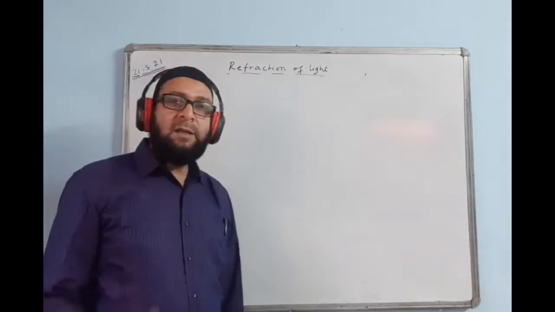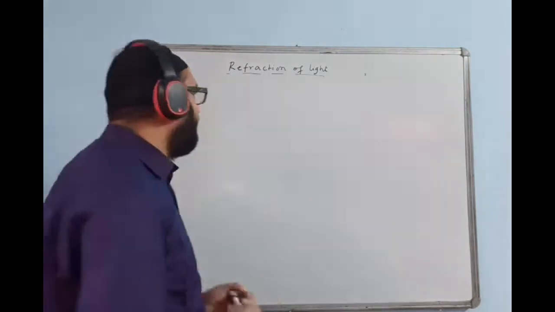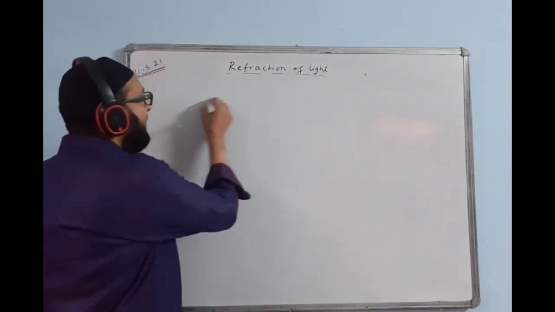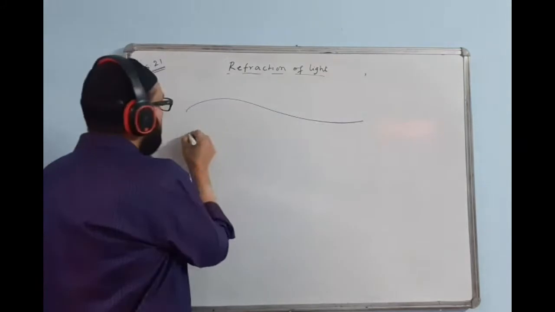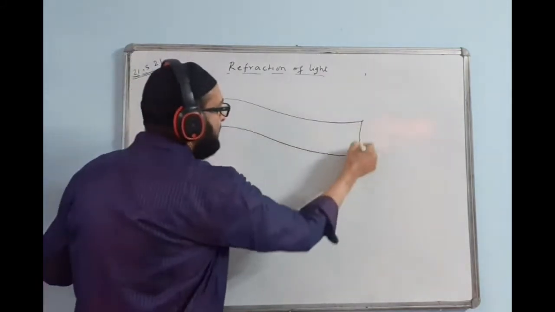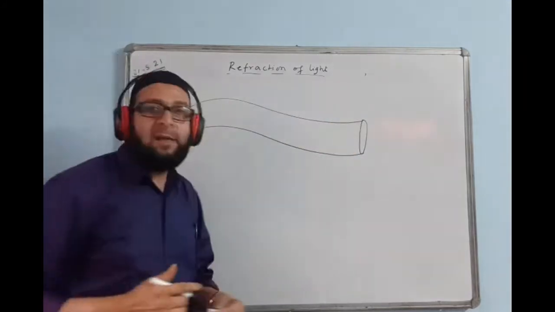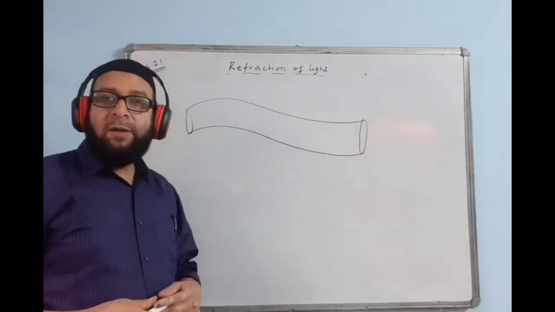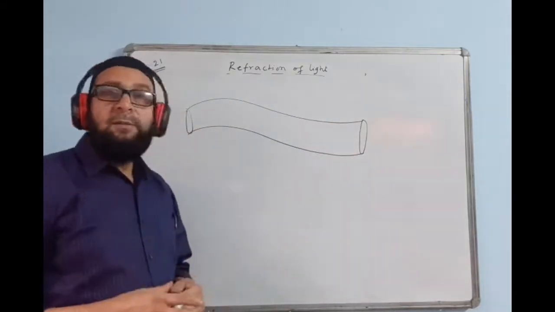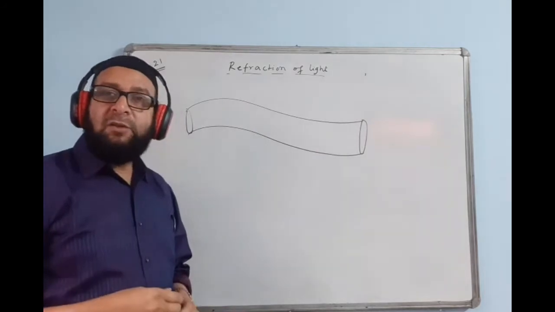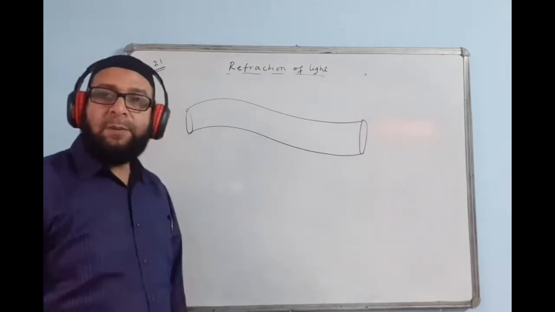Now I'll tell you what is optical fiber. Optical fiber is a kind of communication pipe, a cable, a wire. Nowadays the Wi-Fi connections are given through fiber optics.